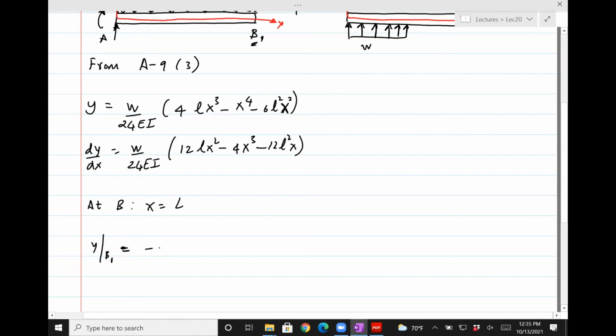So it's minus W L raised to 4 divided by 8 EI.